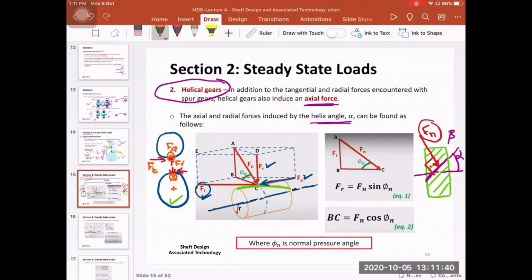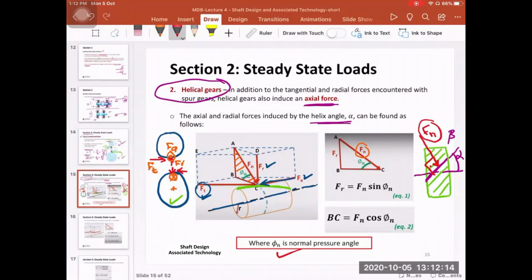If we focus on this triangle here, which is ABC, you will find that the angle between the total normal force Fn and the segment BC is phi n, where phi n is simply the normal pressure angle. It is the normal pressure angle because this ABCD plane is called the normal plane.